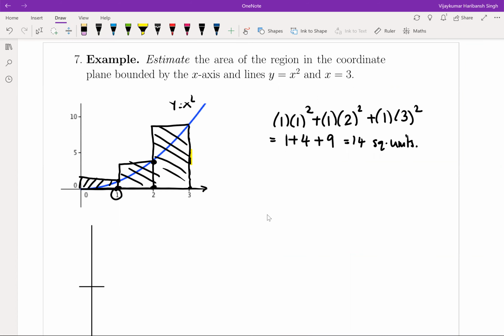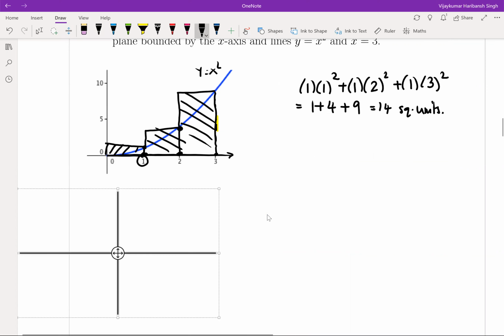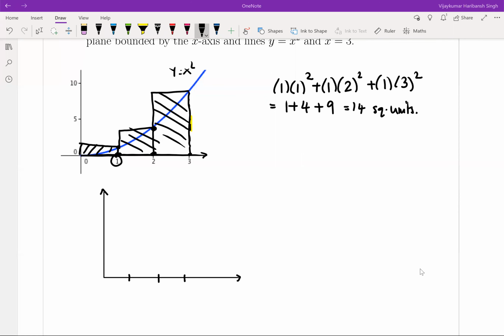So I'm going to draw the same thing now. I'm going to have 1, 2, 3, and I will draw this curve like that. So what we'll do is the following.